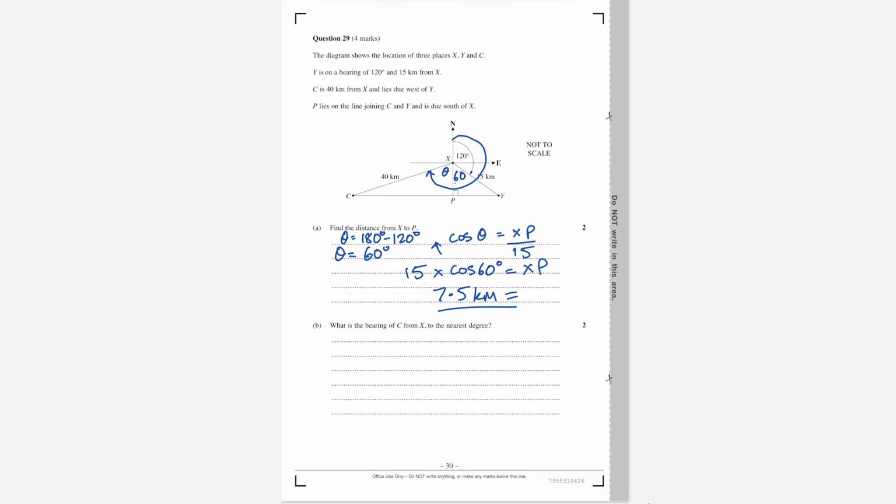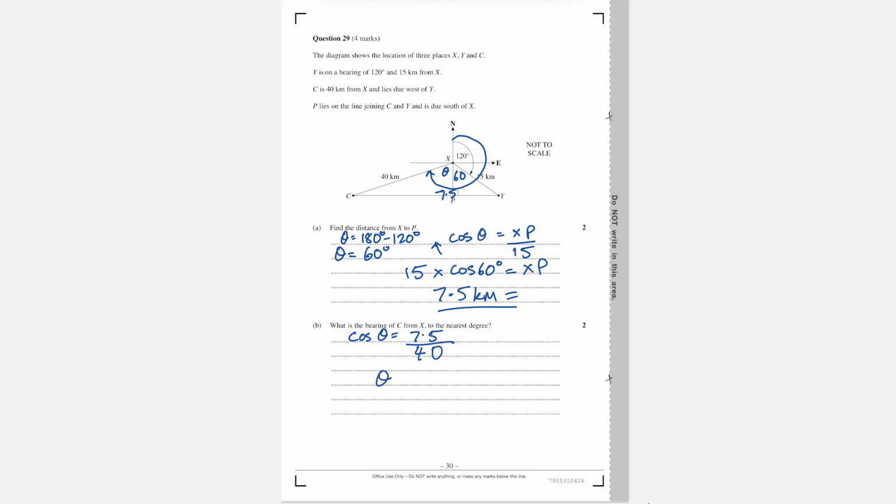All right, and we also know that xp is 7.5. So it looks like we're going to use the cos ratio again. We write cos theta is equal to 7.5 over 40.